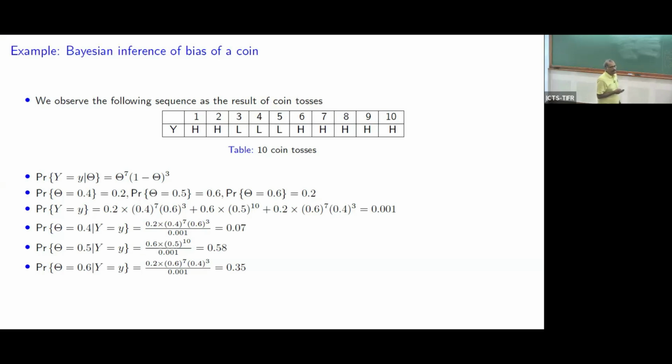Any questions here? Yes, so the denominator is the probability of y, that is the same. So can we omit that, or is it just a scaling factor? Right, actually when you do this numerically, it is a factor that you can omit. Even if you don't compute it, you can actually do this.